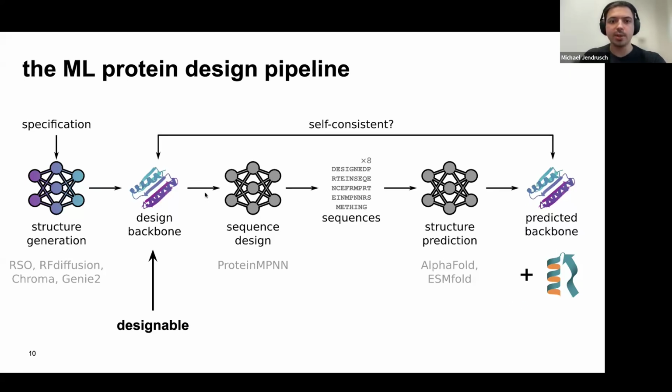So currently, the way the field is trying to guard against this, trying to filter out unrealistic designs so they never make it to the lab, is by doing this sequence design and structure prediction check in the design pipeline, and maybe adding biophysical features from Rosetta or from molecular dynamics to that. So basically, you get a structure out of a structure generator, and you do not know if it's realistic. The best thing we can do right now to check if it's realistic is to do sequence design and structure prediction and check if the structure prediction is confident and matches the original design.